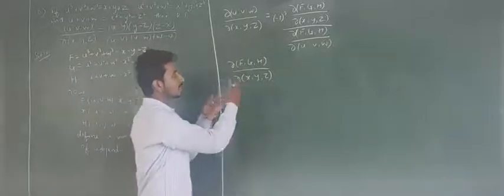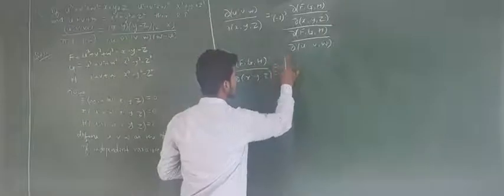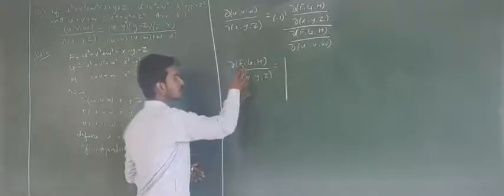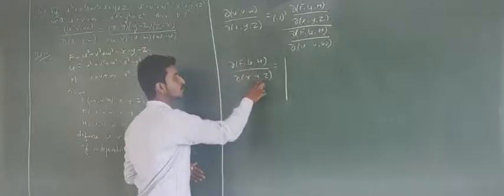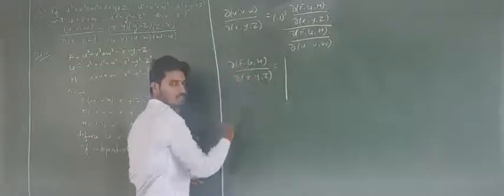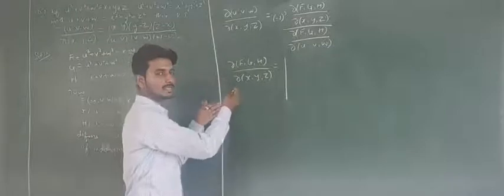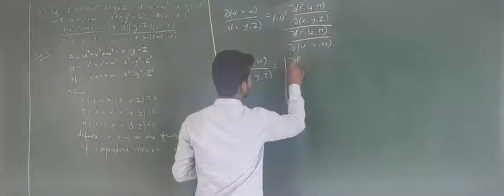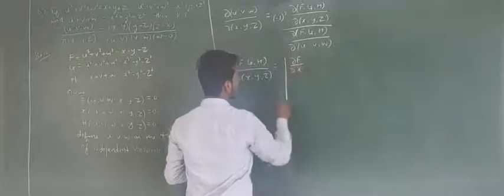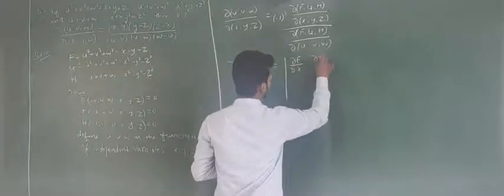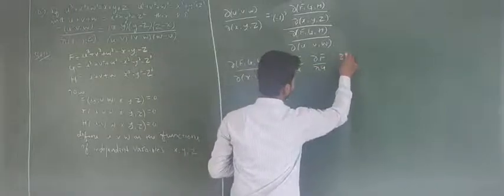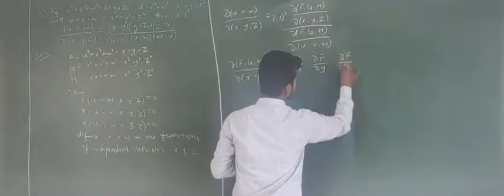This can be written in determinant form: the function f with respect to x, f with respect to y, f with respect to z, that is dou f by dou x, dou f by dou y, dou f by dou z.